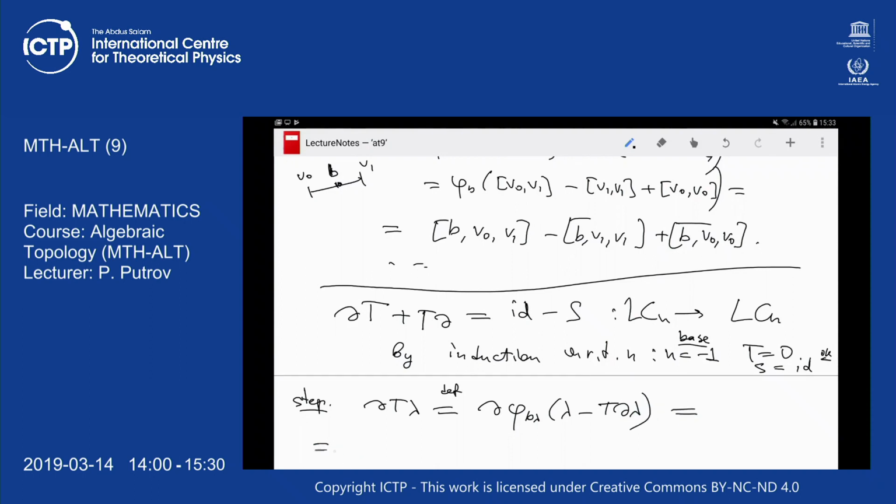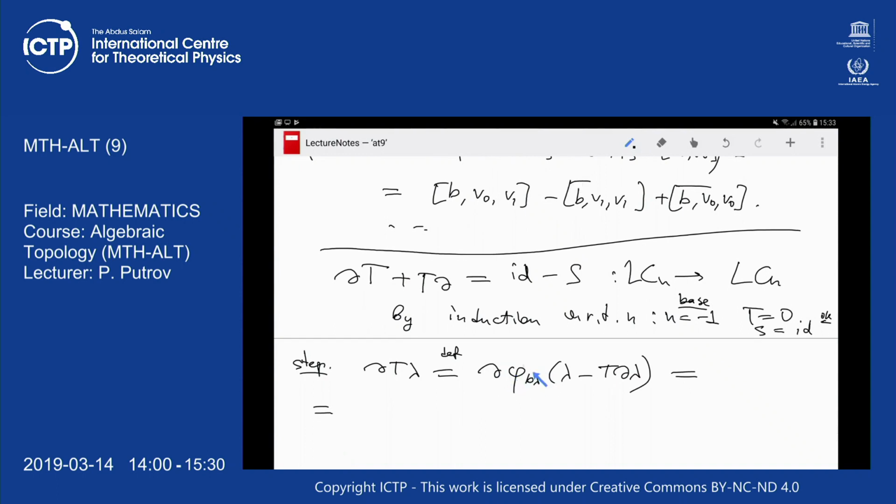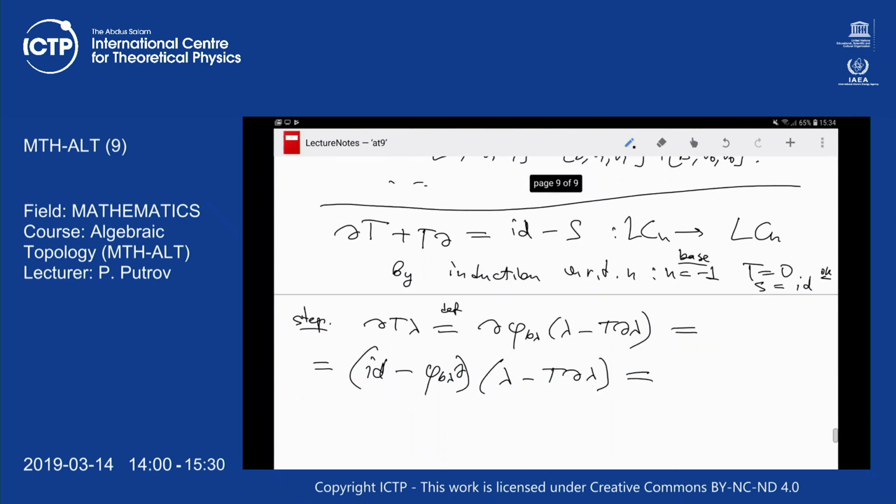And then I use the property of this map phi that I can exchange d with phi and earn the identity operator. So I use the formula which I showed before. This is equal to this. And so first I act by identity on this guy. So this will be lambda minus Td lambda.